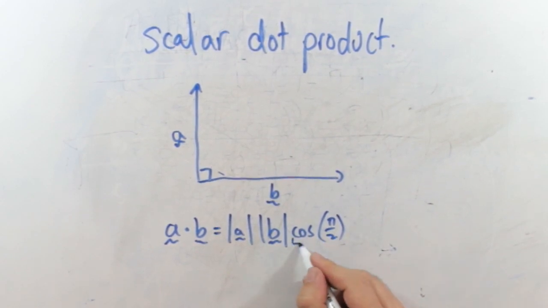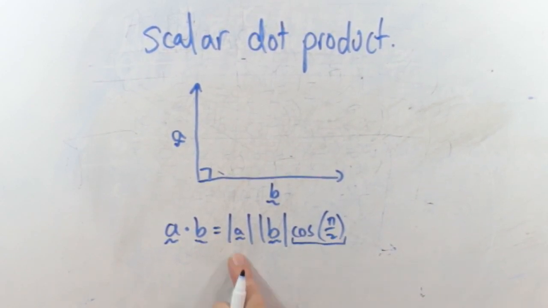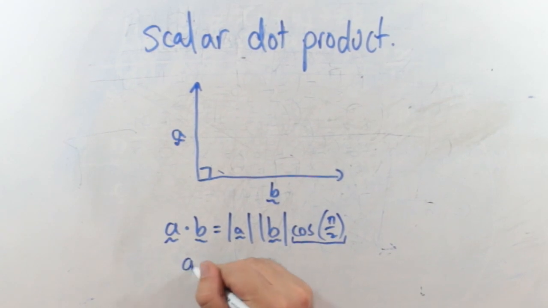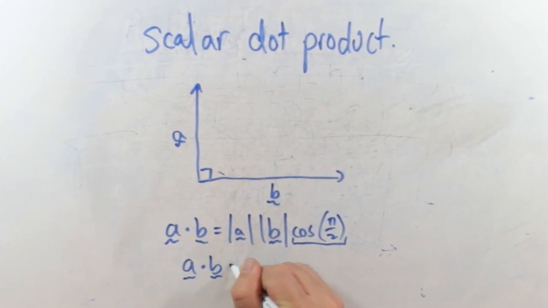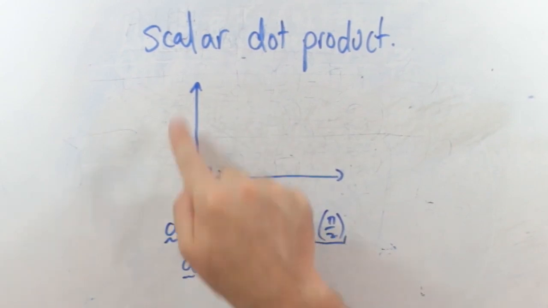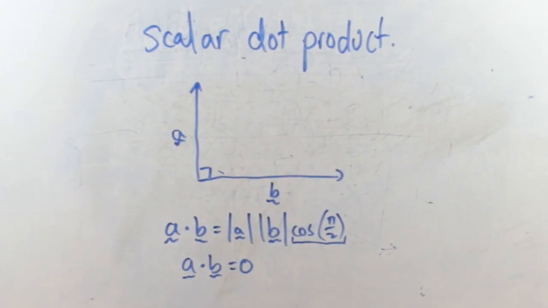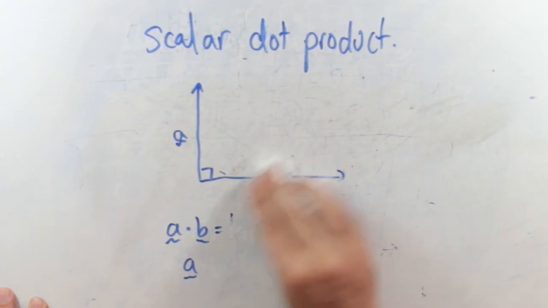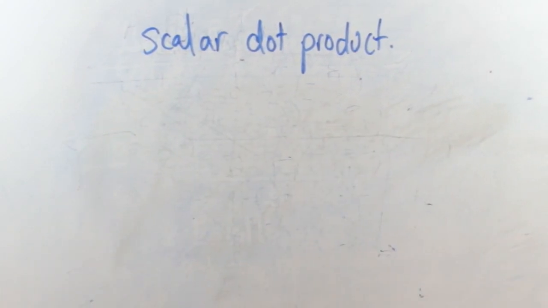Cos of pi on 2 is 0, so A dot B has to be 0. So when a dot product is equal to 0, we know those vectors must be at 90 degrees.